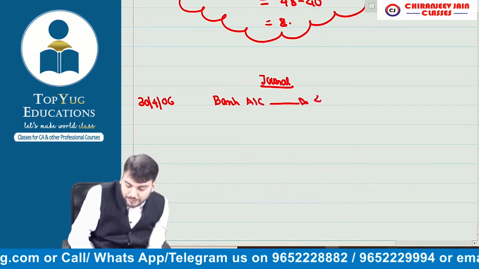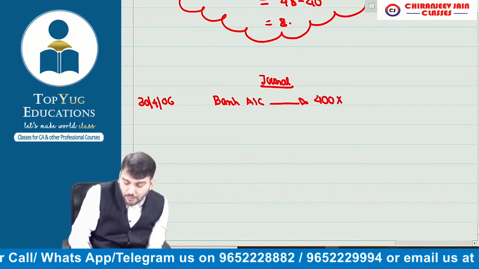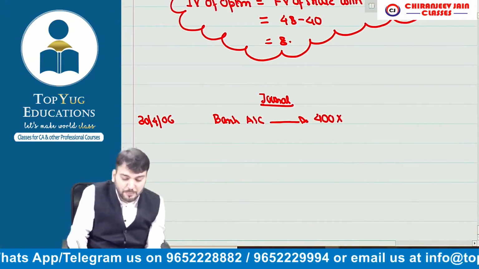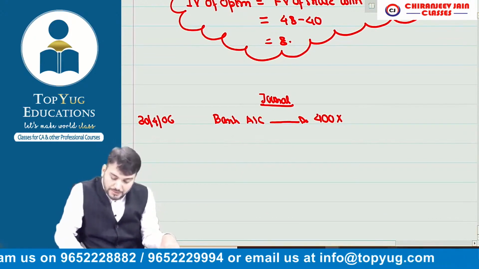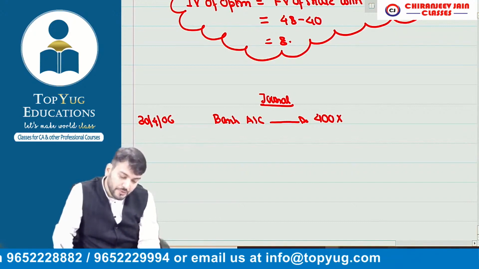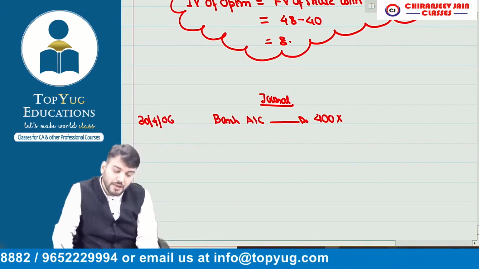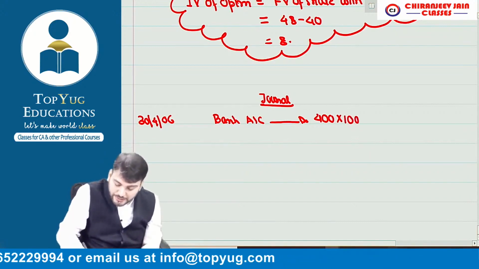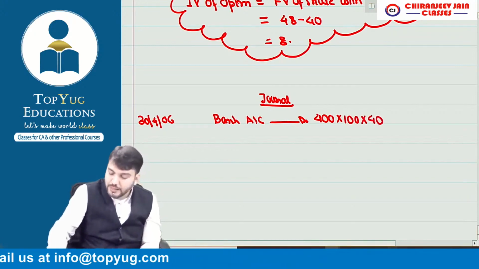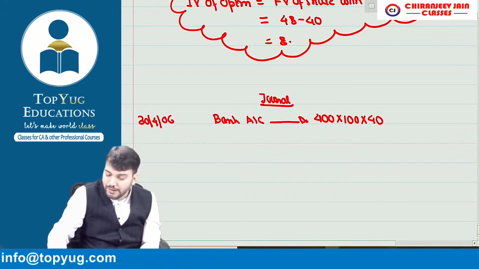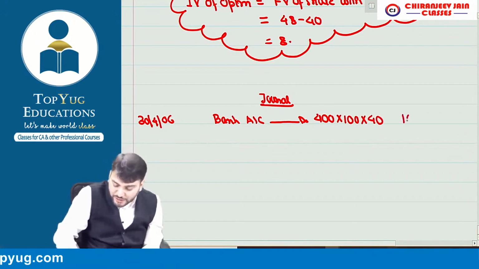How many employees? 400. How many shares per employee? That is 100 shares into what? Into 40. So 400 into 100 into 40 is equal to 16 lakh.